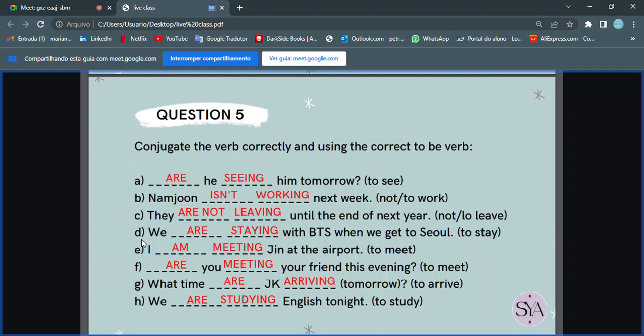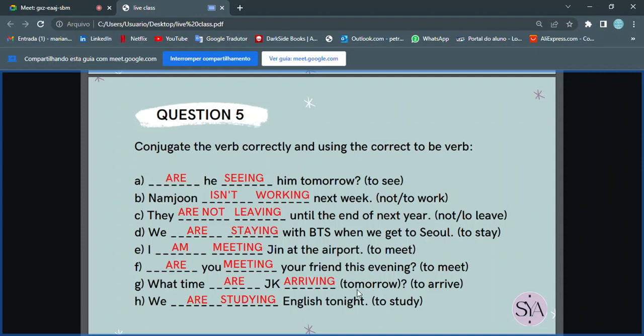We are staying with BTS when we get to Seoul. I am meeting Jin at the airport. Are you meeting your friends this evening? What time are JK arriving tomorrow? Or you can just say the sentence without this word, because it's already implying that it's something that's going to happen in the future.